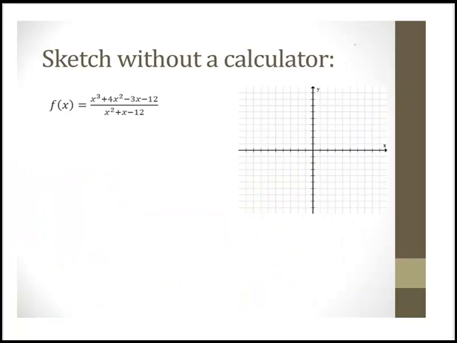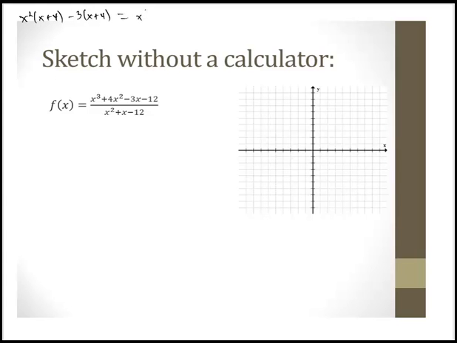Alright, one more example. We have x cubed plus 4x squared minus 3x minus 12 over x squared plus x minus 12. Let's look at this and see if we can do any factoring. x cubed plus 4x squared minus 3x minus 12 is x squared times x plus 4, minus 3 times x plus 4.